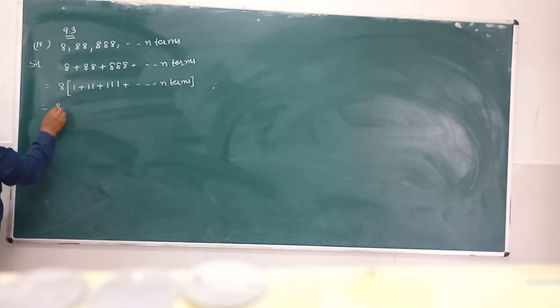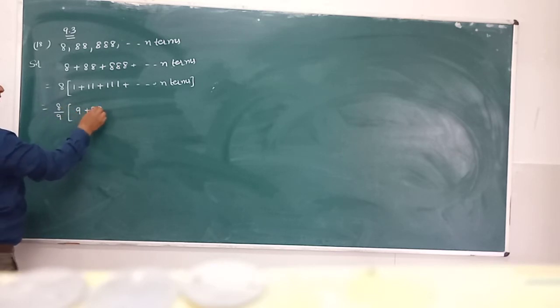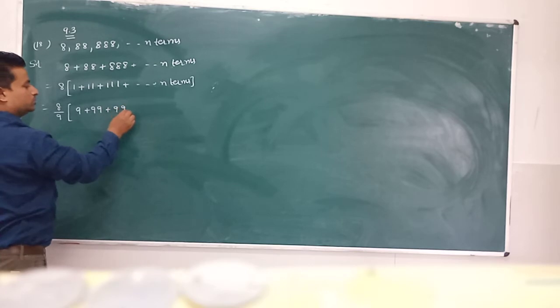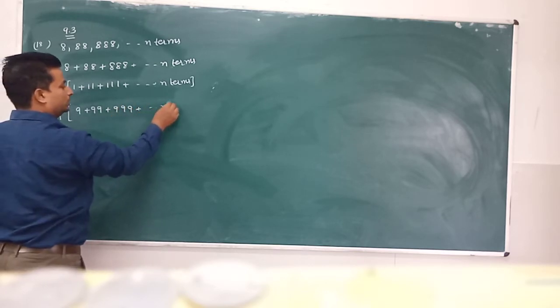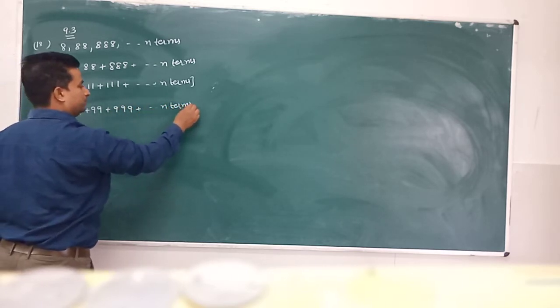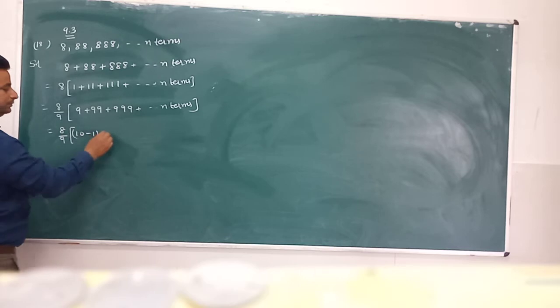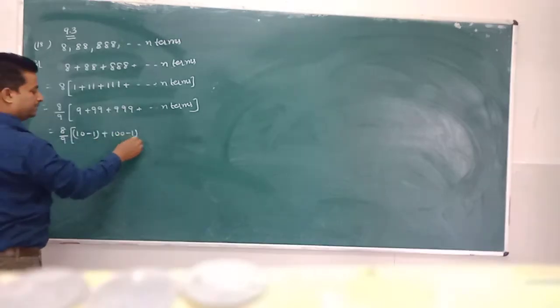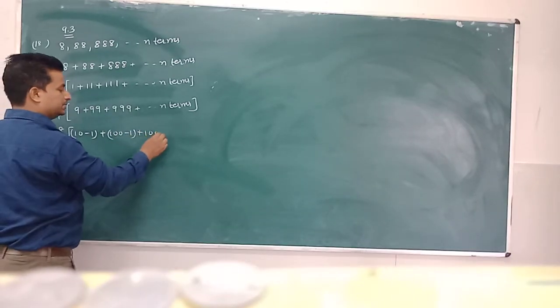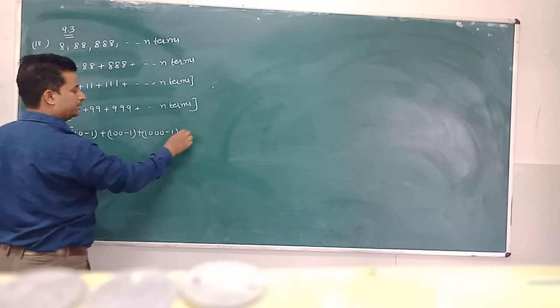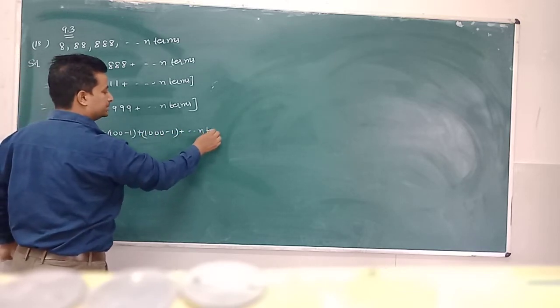So we divide this by 9 and multiply by 9. This is the way: we write 9 as 10 minus 1, 99 as 100 minus 1, 999 as 1000 minus 1, up to n terms.